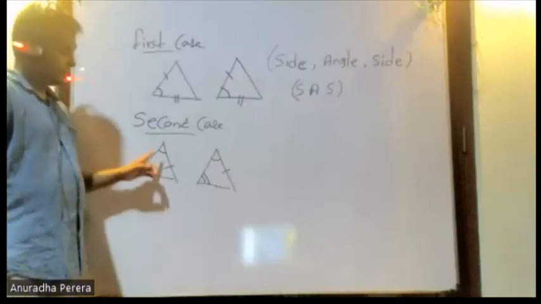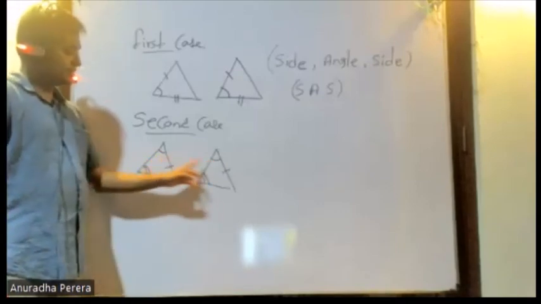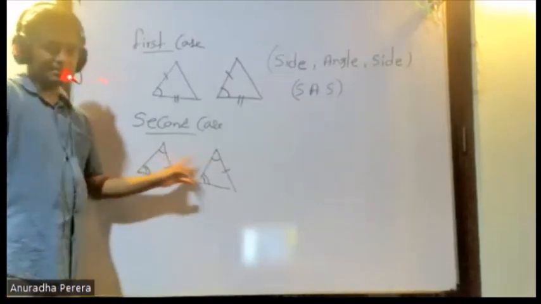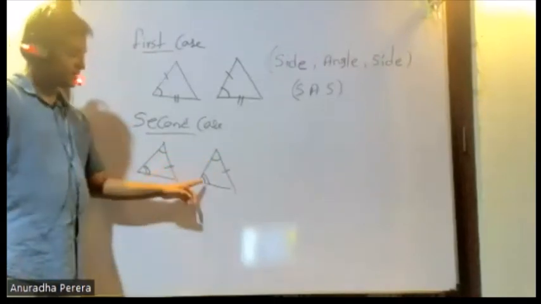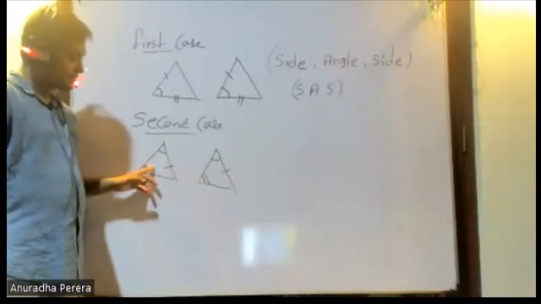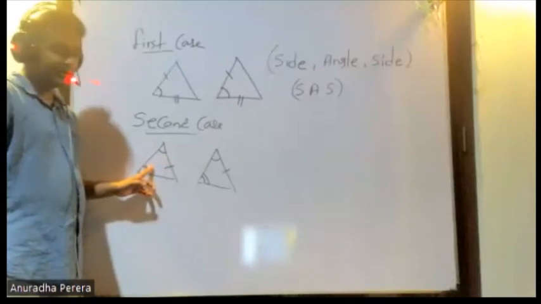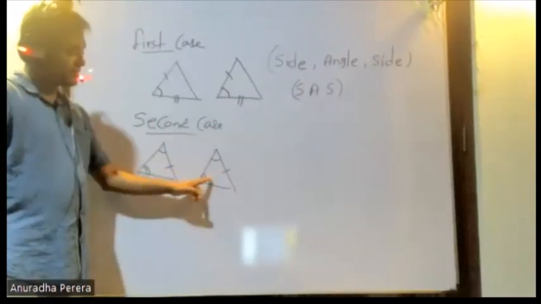You can see this one equal to this one; the equal symbol represents the equality. The corresponding side is the side opposite to this angle, the opposite side to the same angle.